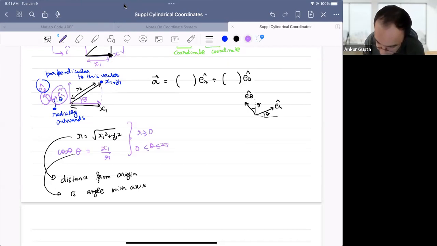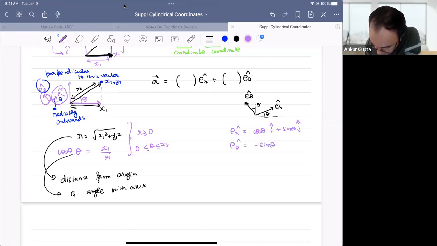And essentially what you can see is e_r hat is equal to cos theta i hat plus sin theta j hat. And then I have e_theta hat is equal to minus sin theta i hat plus cos theta j hat.